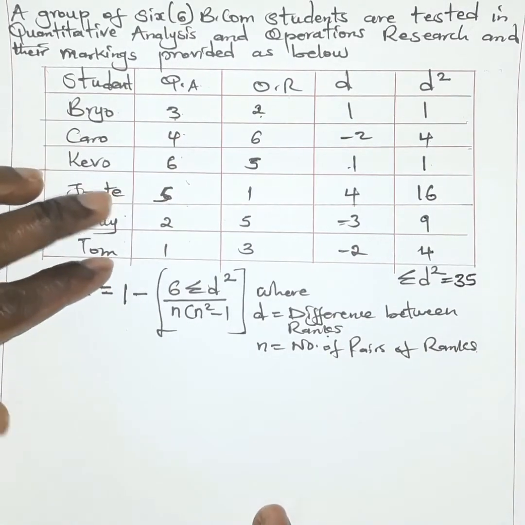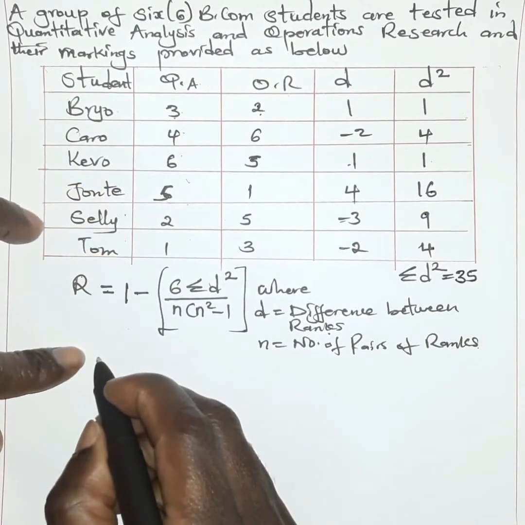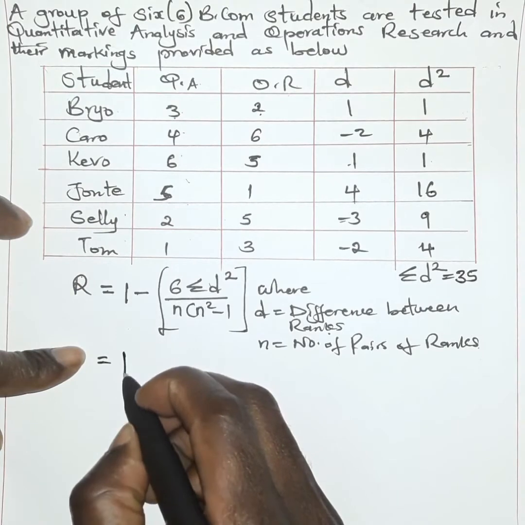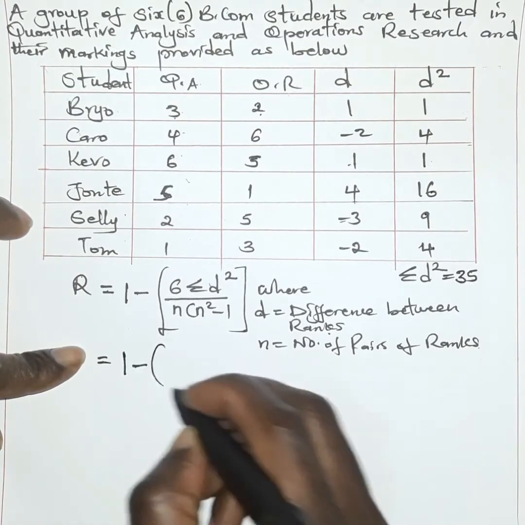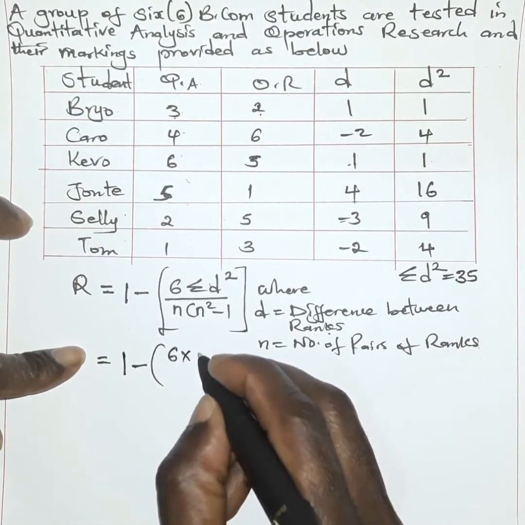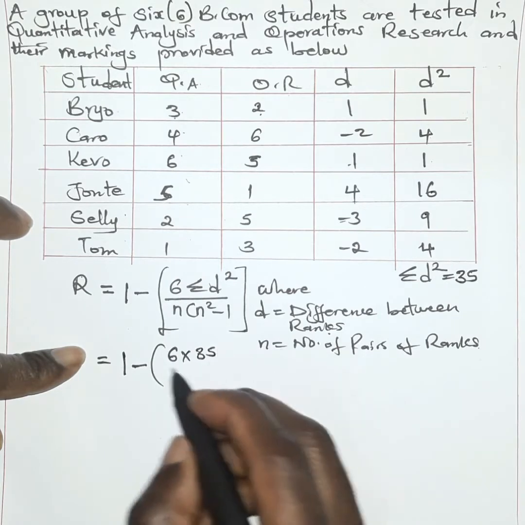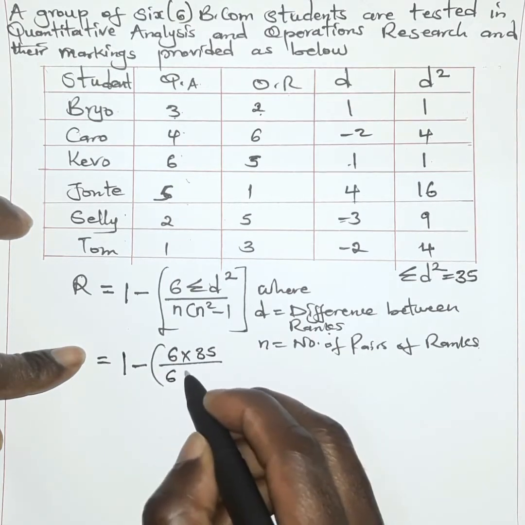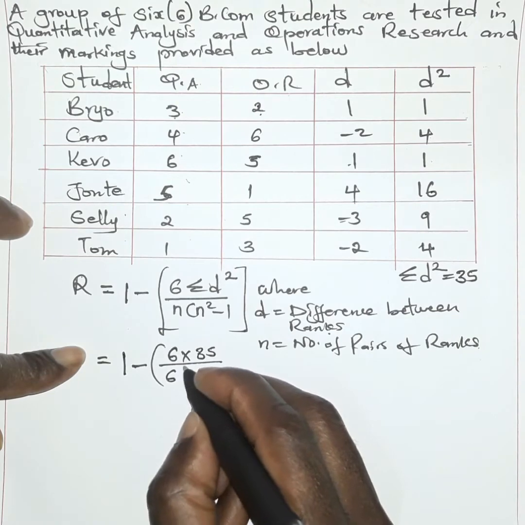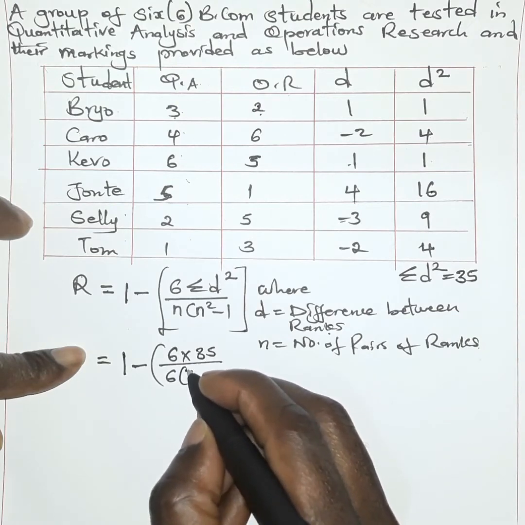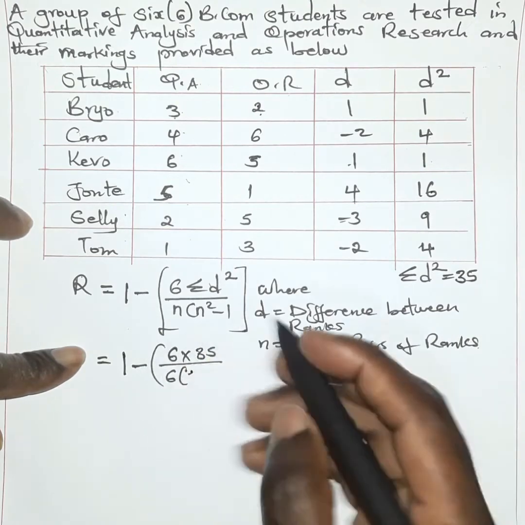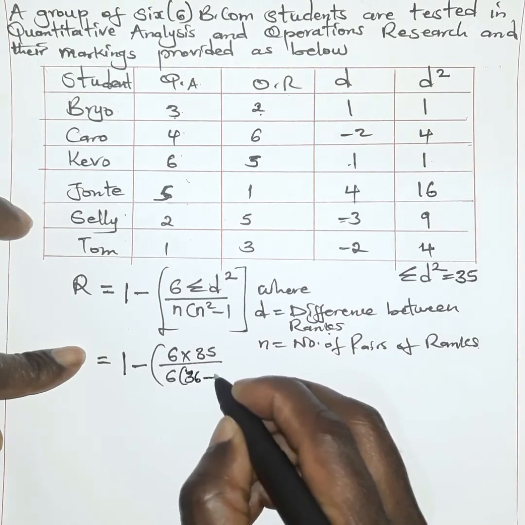As per our formula, it is 1 minus 6 times 35 divided by 6 times (6 squared, which is 36, minus 1).